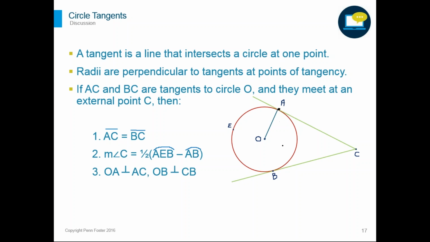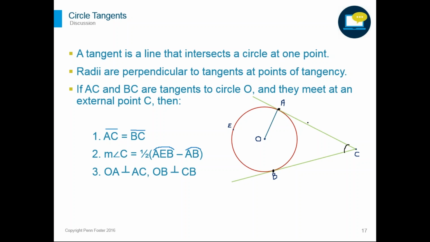Same thing, BC is also a tangent and the point of tangency is B. Okay, what happens if two tangents like these intersect outside the circle? See, the angle of intersection of these two tangents is angle C. What happens?